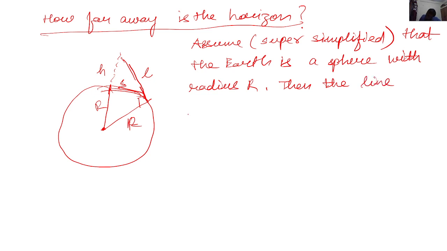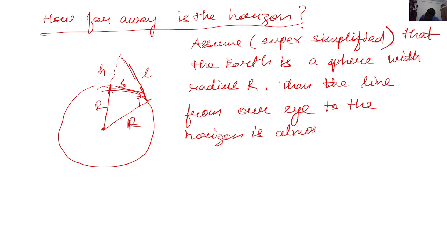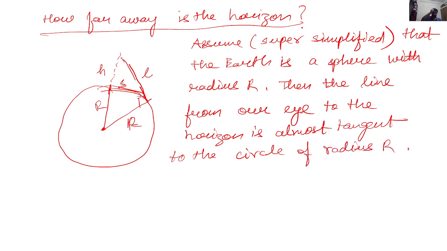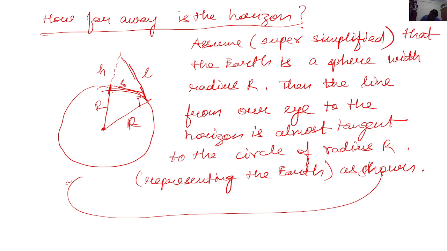Then the line from our eye to the horizon is almost tangent to the circle of radius r, representing the radius of Earth, as shown in the figure. This is what I'm referring to.